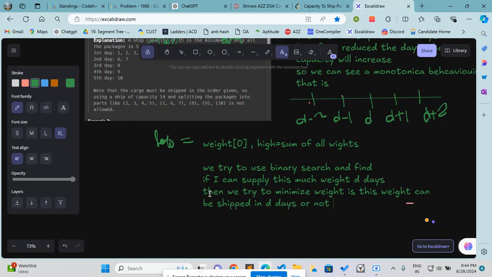By running binary search, we can find our most optimal solution.